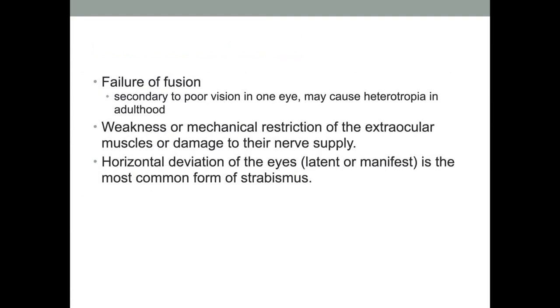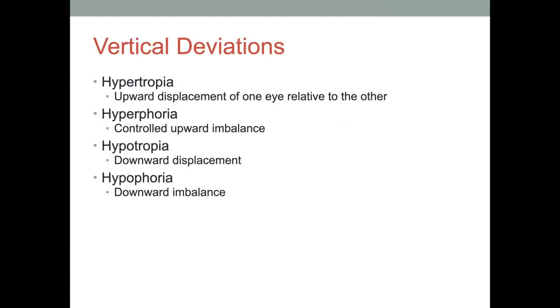There's failure of fusion secondary to poor vision in one eye, and this may cause heterotropia in adulthood. There can be weakness or mechanical restriction of the extraocular muscles or damage of their nerve supply, and horizontal deviation of the eye, whether it be latent or manifest, is the most common form of strabismus.